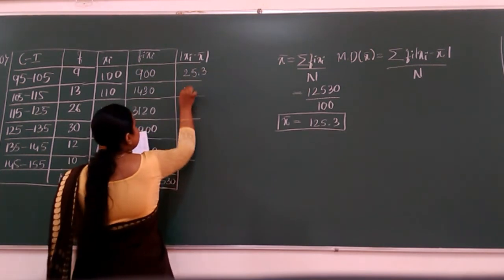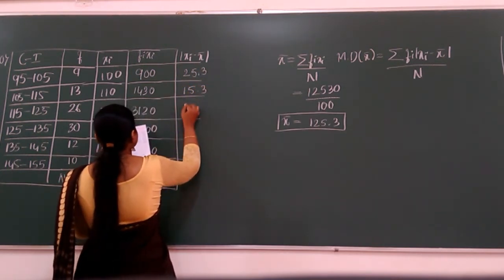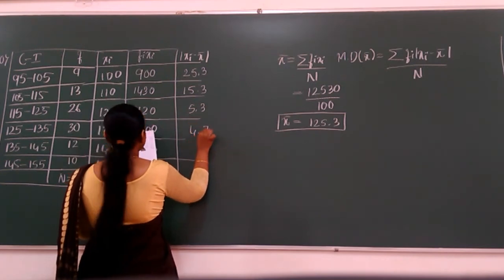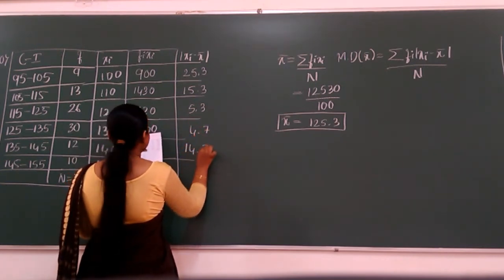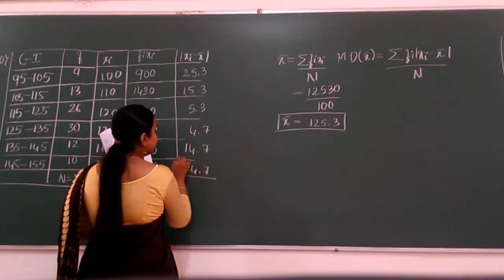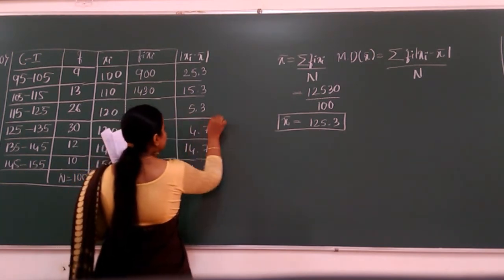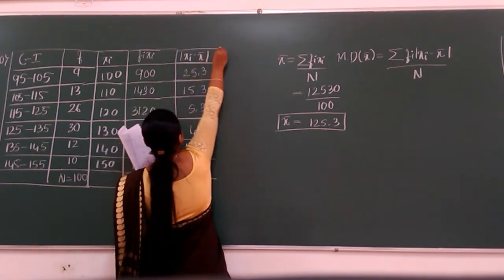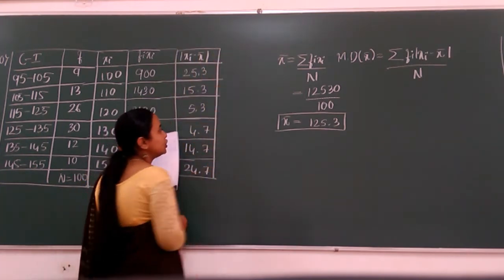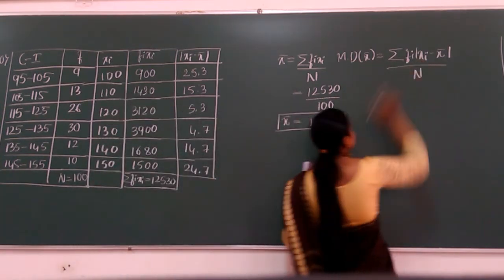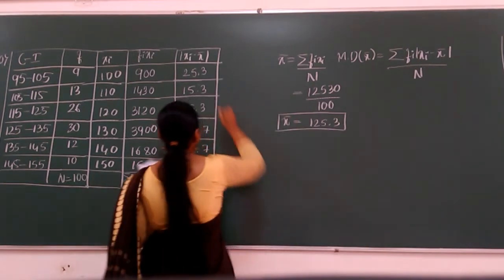The deviations are 25.3, similarly the next ones will be 15.3, 5.3, 4.7, 14.7, and finally 24.7. So you have got modulus of xi minus x bar. Next, you should calculate fi into modulus of xi minus x bar.